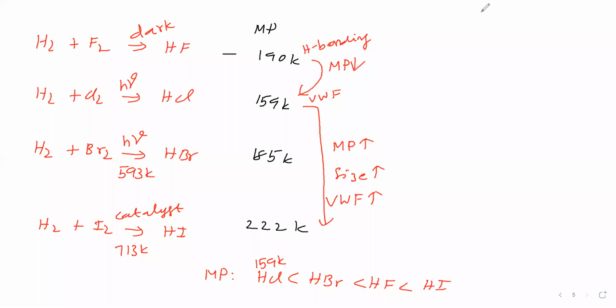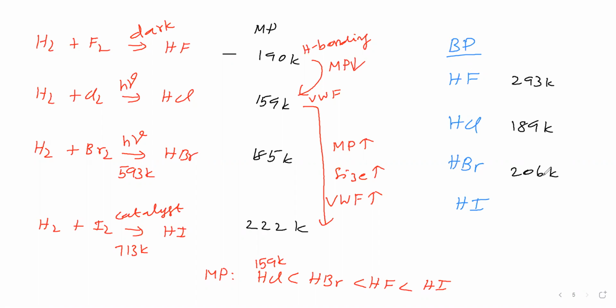Okay. Next we will see boiling point. Boiling point for HF, HCl, HBr, HI. Boiling point for HF is 293 Kelvin, HCl 189, HBr 206, HI 238.